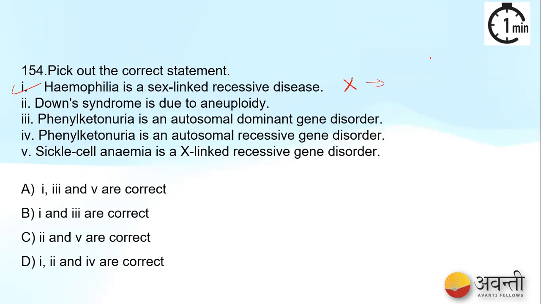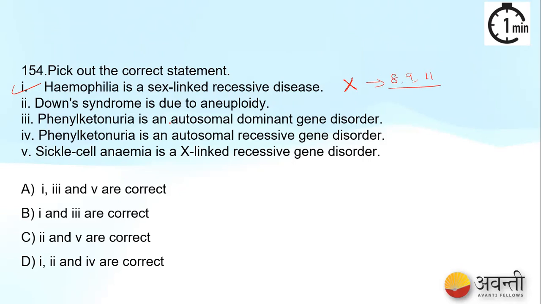The person who has this disease lacks the capacity to clot the blood, and we know that the clotting factors are the anti-hemophilic factors, which are factor 8, factor 9, and factor 11. When they get mutated, it leads to hemophilia, and the person loses the capacity to clot the blood. The nature of this genetic disease is a sex-linked recessive disorder. So that is why our option 1 is correct.